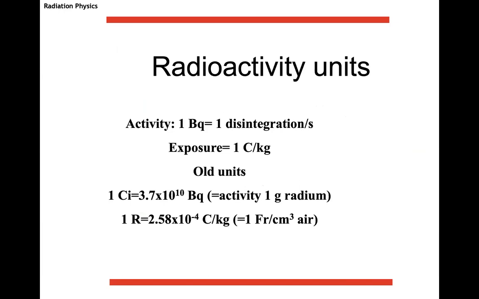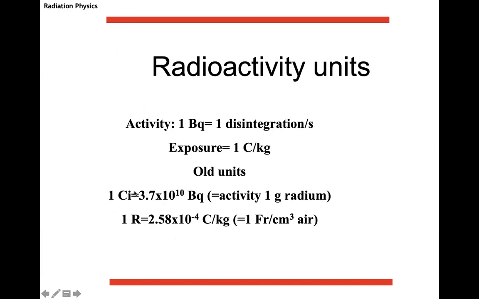Radioactive units. As I told you, this is the Röntgen down here. It's 2.58 times 10 to the minus 4 coulomb per kilogram. This gives you the amount of charge released by radiation in air.